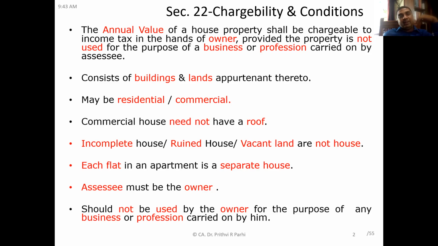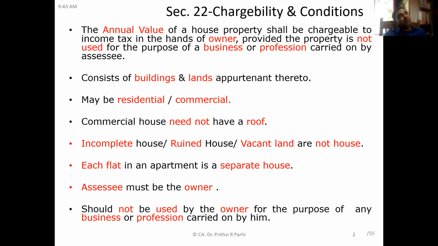Yes, sir. The building may be a residential building, it may be commercial. When you're talking about a commercial house, it is not necessary that it should have a roof. A commercial building can be considered a house even without a roof. There might be some godown kind of thing, which is practically a house, but a roof is not there.